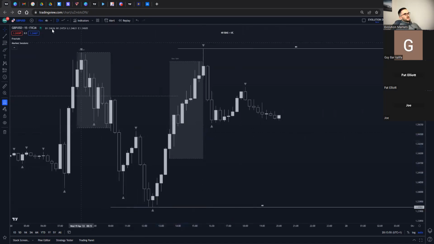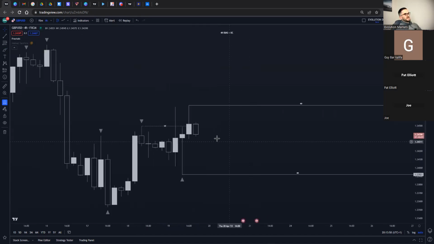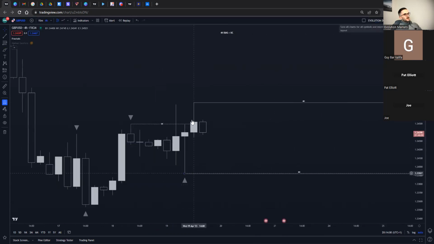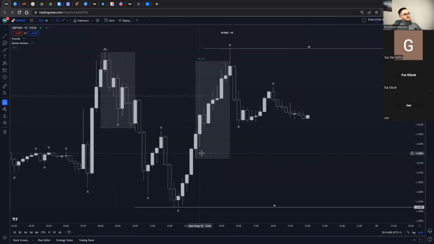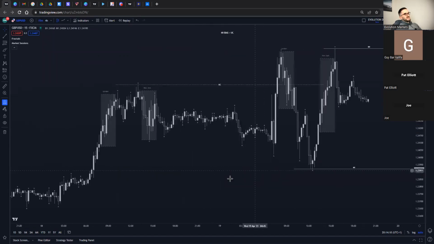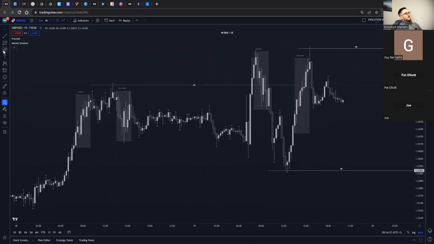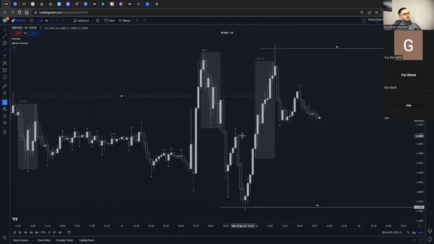I like to keep it just a little bit cleaner, remove all the unnecessary lines off the chart, and then see how it develops coming into London session tomorrow. But if we just have a look to see what went on during the session, it was pound inflation, I believe, this morning, and it went up. So did GU quite aggressively, but as we know, we'd taken out this high.